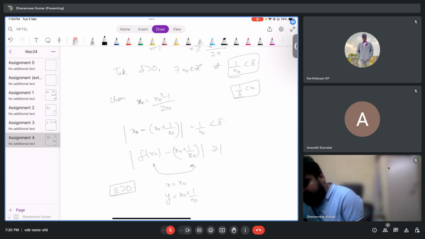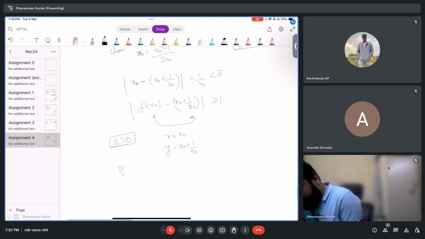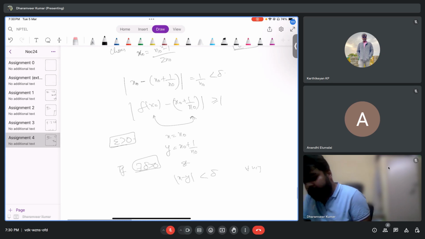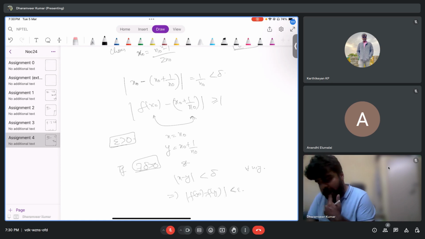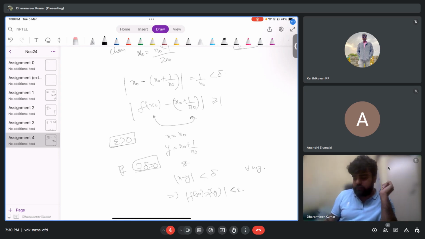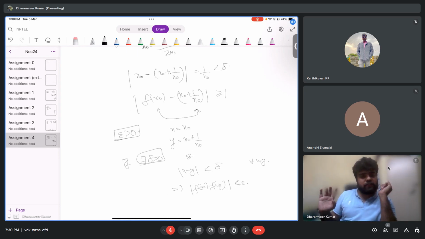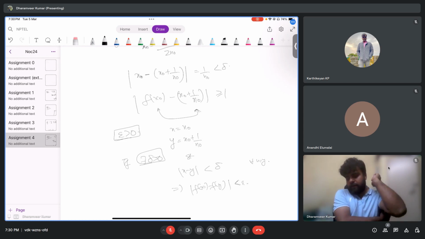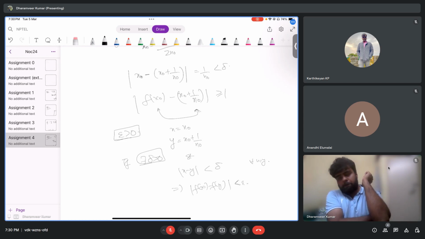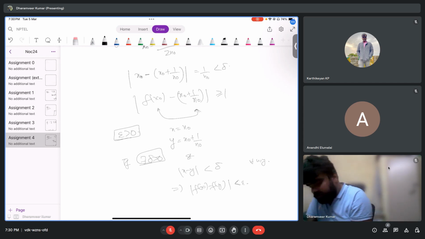If there existed a delta greater than 0 such that the distance between x and y is less than delta for all x and y, that would have implied that f of x minus f of y is less than epsilon. So I have picked epsilon equal to half, for example.